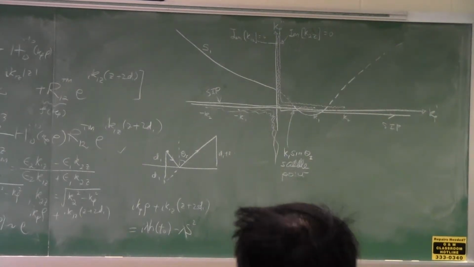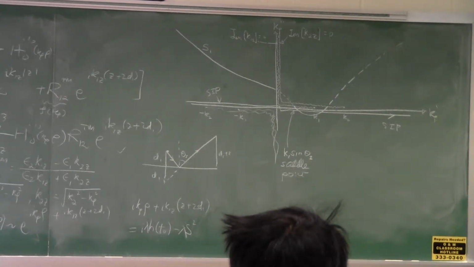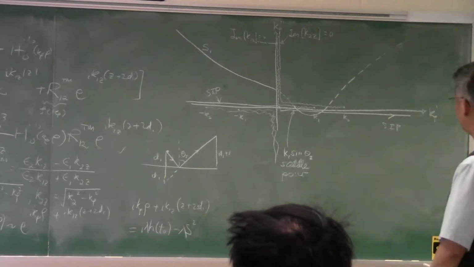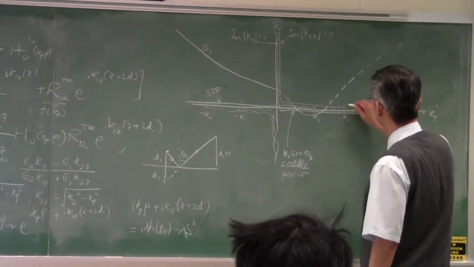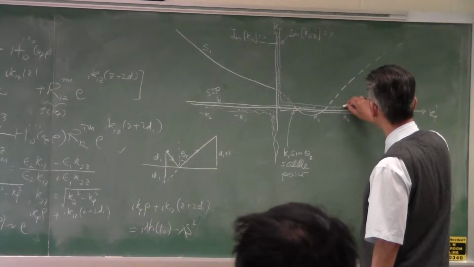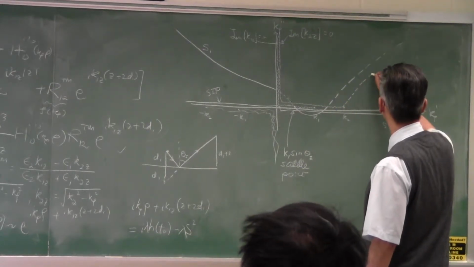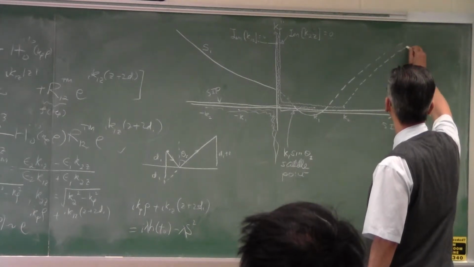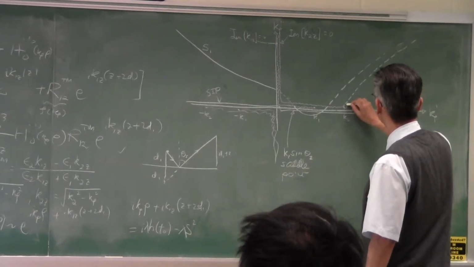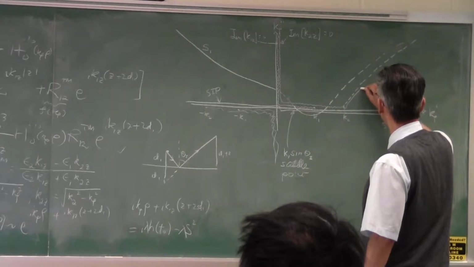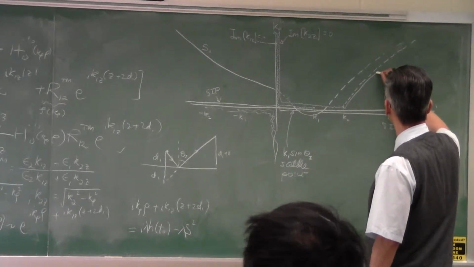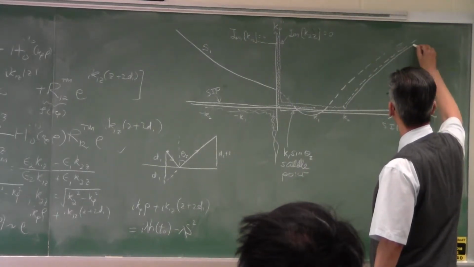And of course, the deformation is not possible. So what we need to do is actually to identify the steepest descent path that passes through the branch point K2. And that one looks something like this. The steepest descent path does not depend on K2z.